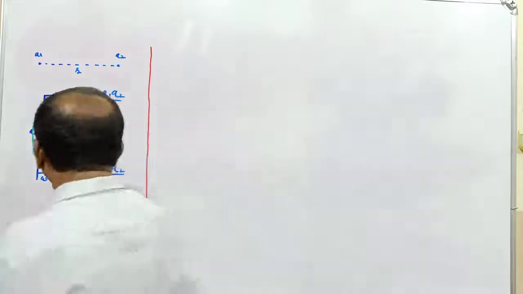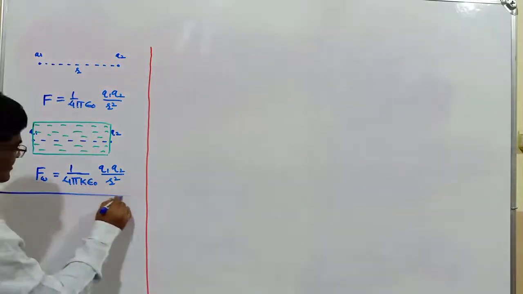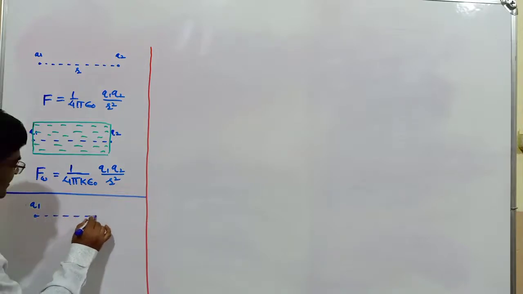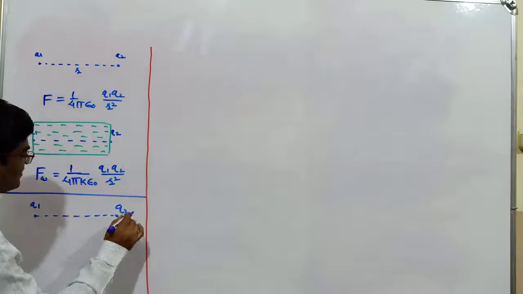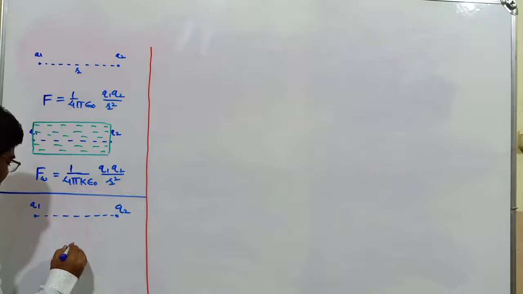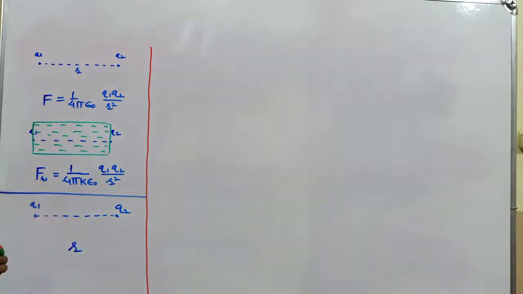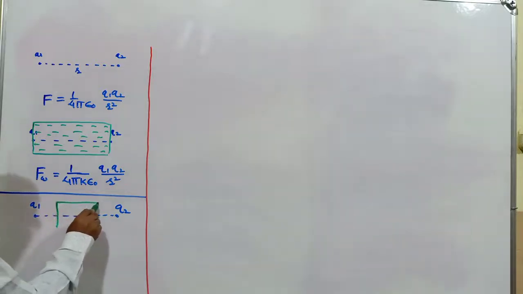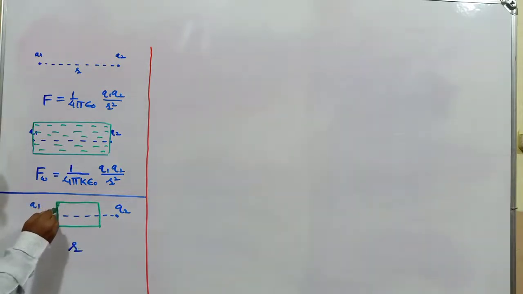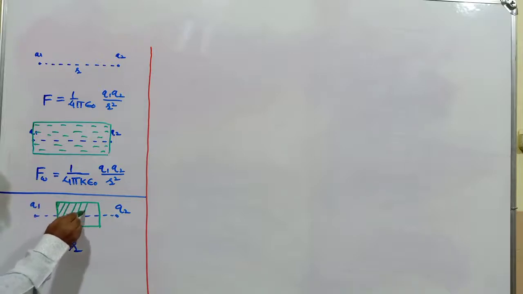I have the same two charges again, placed at the same separation R. But what I did is that now part of the intervening media, part of the space, is filled with another dielectric.